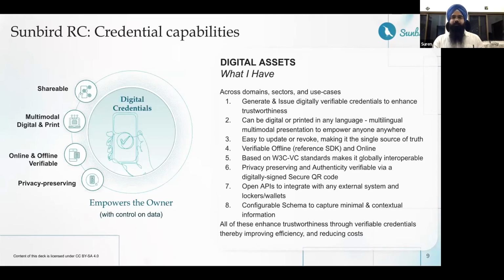These are completely privacy preserving and authenticity verifiable because they use a digitally signed secure QR code, with the latest encryption technologies. There are open APIs to integrate with any external system or a locker or a wallet, and the schemas are highly configurable to contextualize the credential for any use case. Again, both of these together make it a very high trust, low cost system.